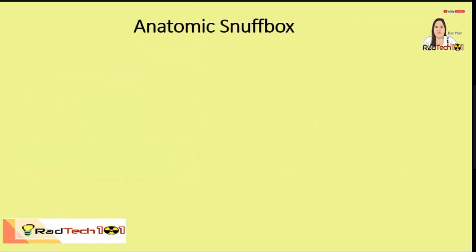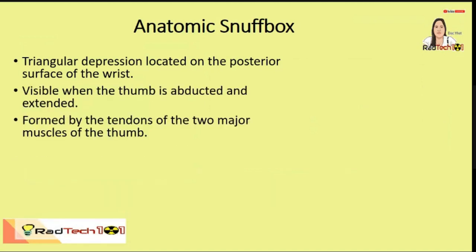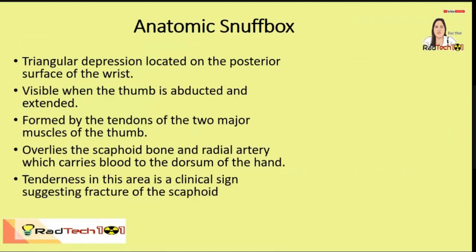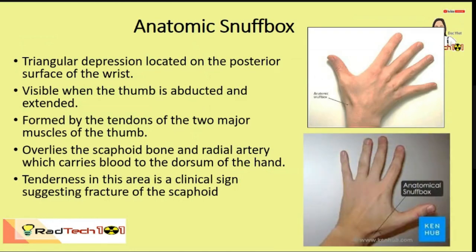Okay, so next we have here the anatomic snuff box. It is a triangular depression located on the posterior surface of the wrist. Ito siya. So pag sinabing depression, 'di ba, parang hollow siya, may hollow portion ito. Ito din, mas prominent.